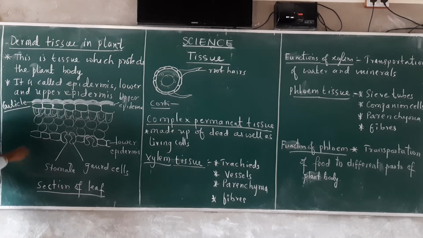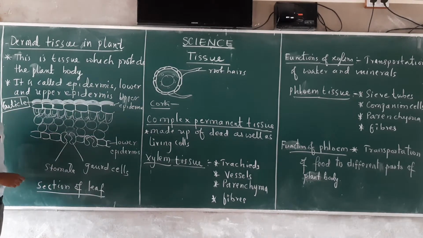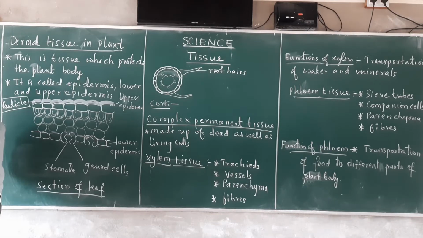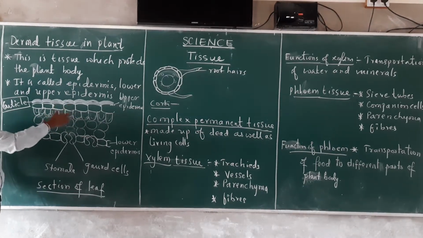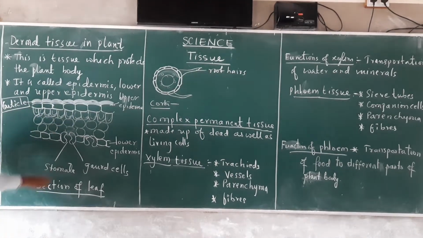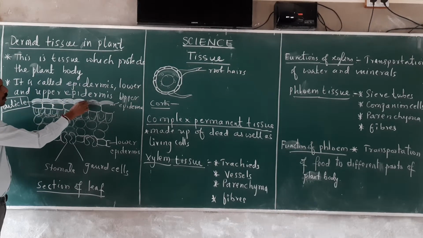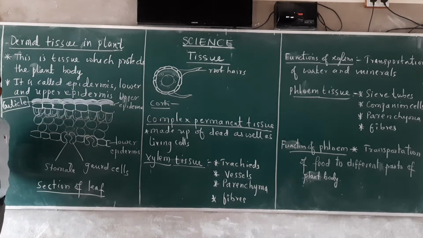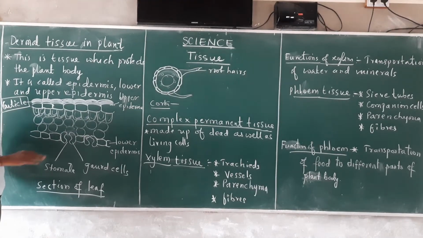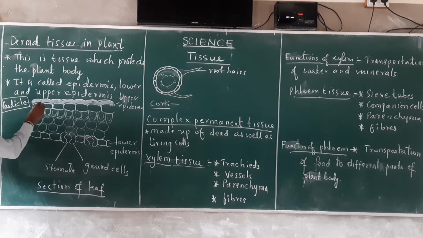It is made up of wax. This will prevent the water which is present inside the body from evaporating. That is the advantage of this waxy layer. And in aquatic plants, they do not allow the leaf to decay. So that is the advantage of the cuticle.